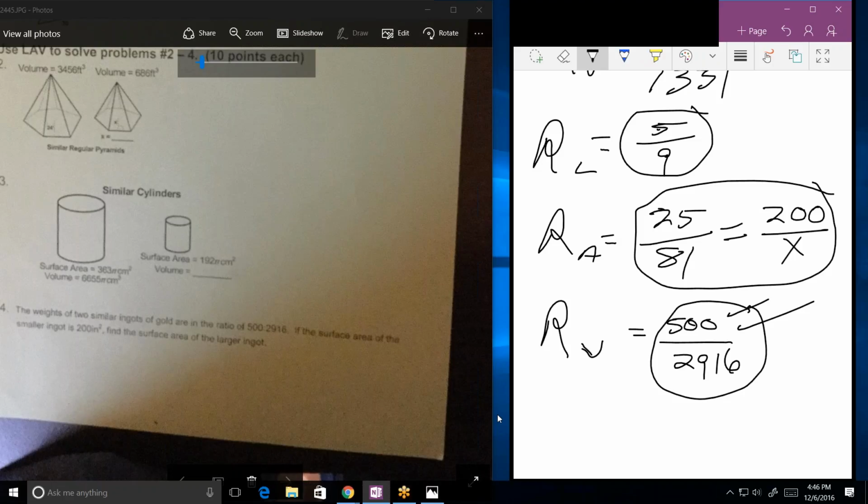What do you get? Should be in the area of 700. Should be approximately 700. I got 648. There you go. 25 over 81 equals 200 over 648. Okay, now you got the answer.